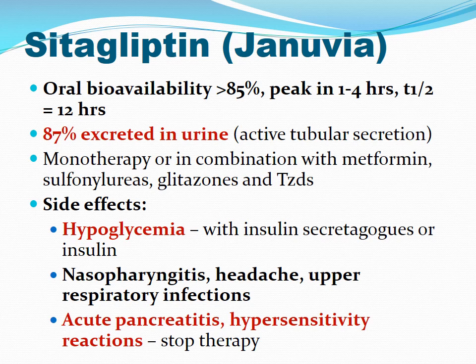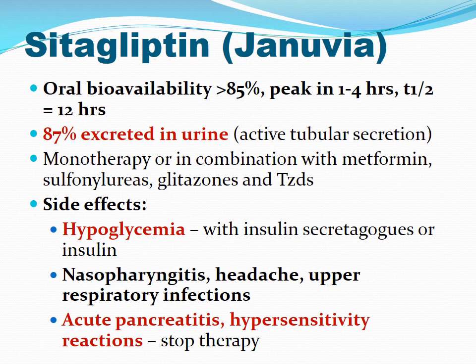Sitagliptin, or commercially known as Januvia, has an oral availability of more than 85% and a half-life of about 12 hours. 78% of the drug is excreted in urine by active tubular secretion.